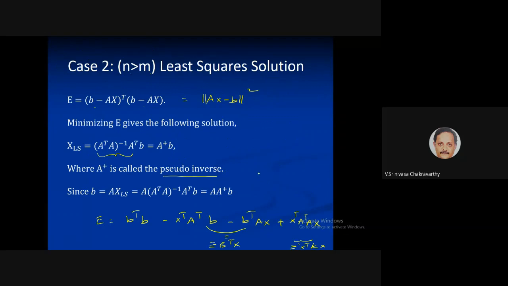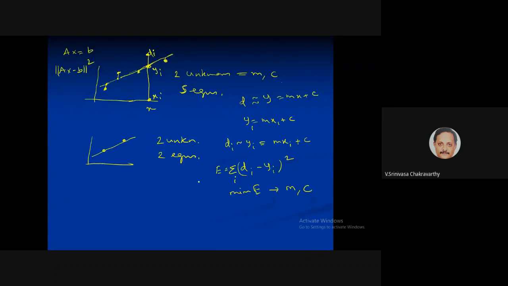So same thing in general case will be like this. I can't solve Ax equal to b, but I'll try to minimize the norm square of Ax minus b. So let us look at that. I define E as the norm square of Ax minus b.